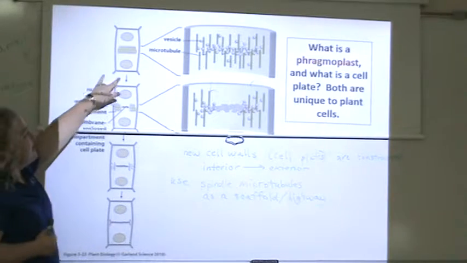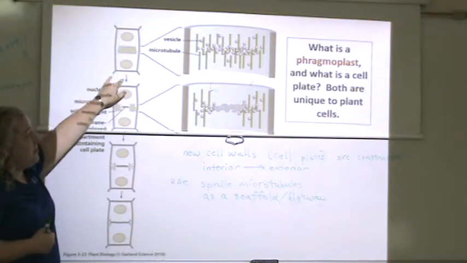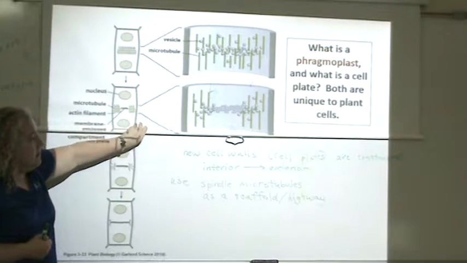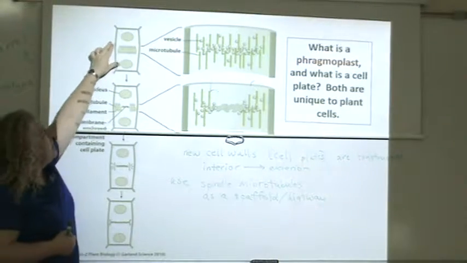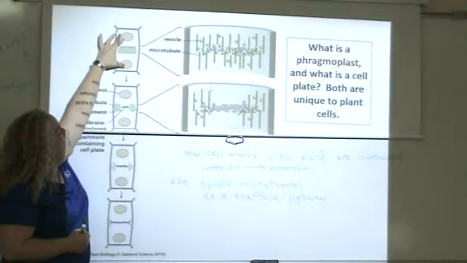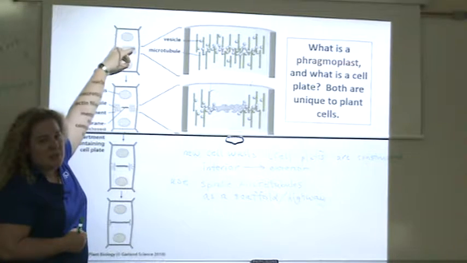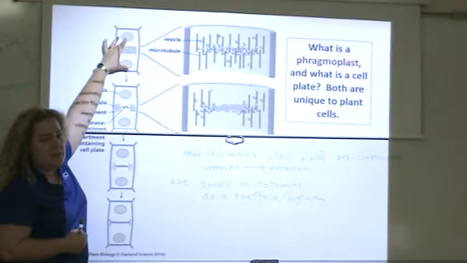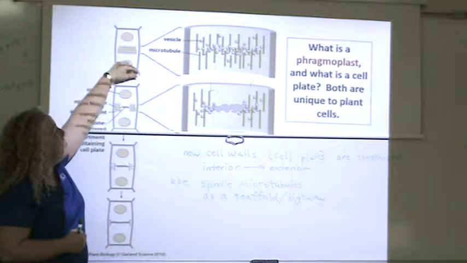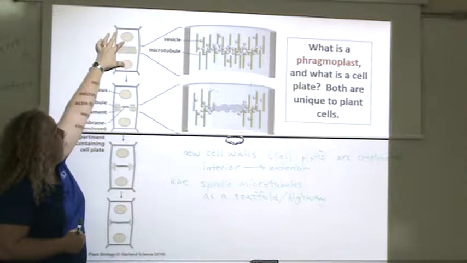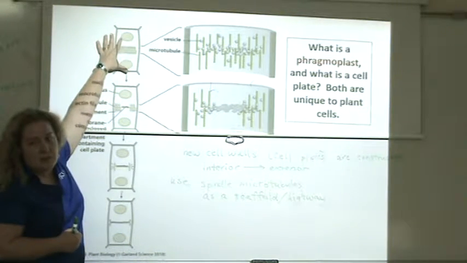So if we look back at this cartoon, I'm going to go back a few slides. This cell now has 2 nuclei but no cell wall yet. It's binucleate. It's done mitosis, it's done telophase where it's separated these.